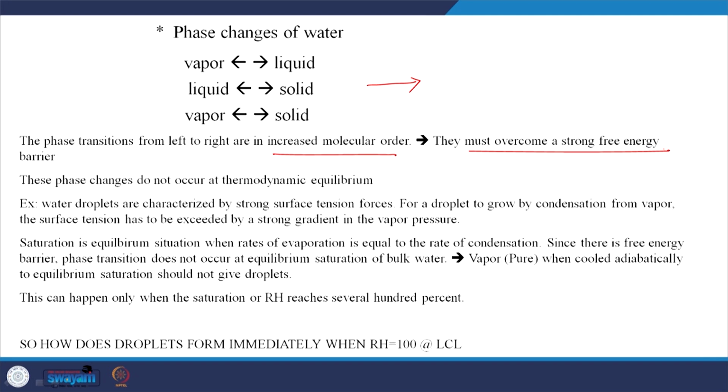That means if the gas is entirely water vapor, then you cannot expect water droplets to form from the vapor phase, right. Then the question is, how do we expect droplets? How do we actually see the droplets form immediately when the relative humidity has reached 100%? Where does this happen? This happens at the lifting condensation level, right.